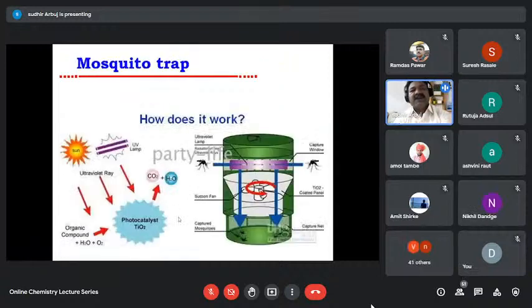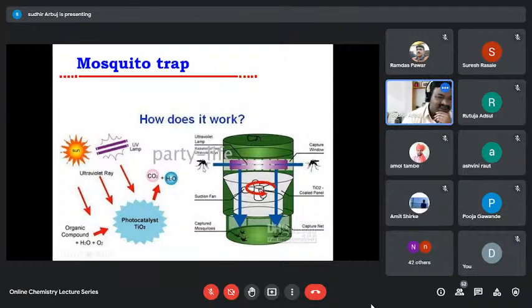Recently I have seen an application on the internet, the mosquito trap. What is happening here? It is coated with a semiconductor material like TiO2, UV light is shone on it, and they use some tank. Whatever VOC is in the atmosphere is oxidized to produce CO2.